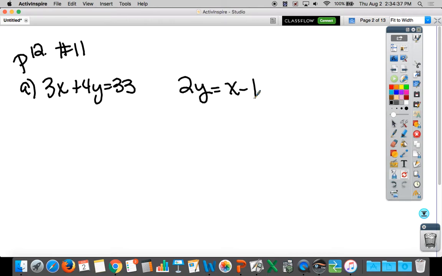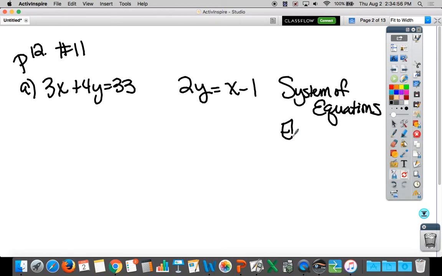Now, I'm going to tell you there are various methods to solving a system of equations. The one that you're most familiar with is the elimination method, where I would set this up in standard form.